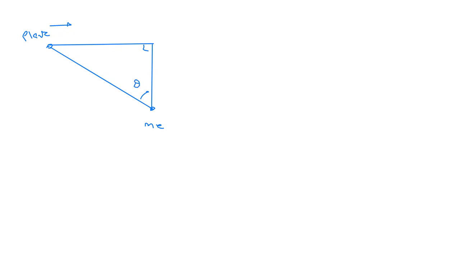That angle theta says how far from directly above me my line of sight is to the plane. So I might say I see the plane from a 40-degree vantage point, where that's the angle I'm talking about.